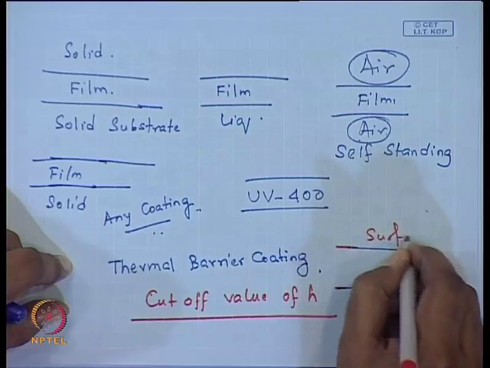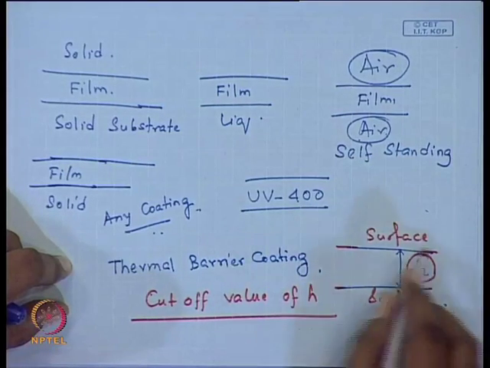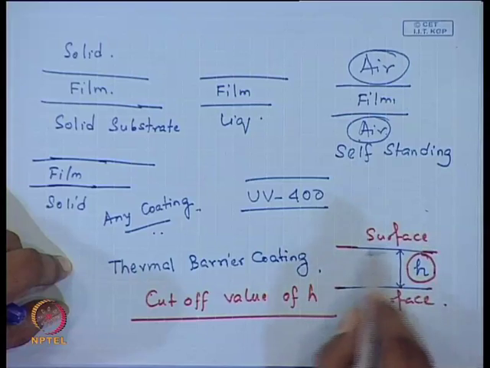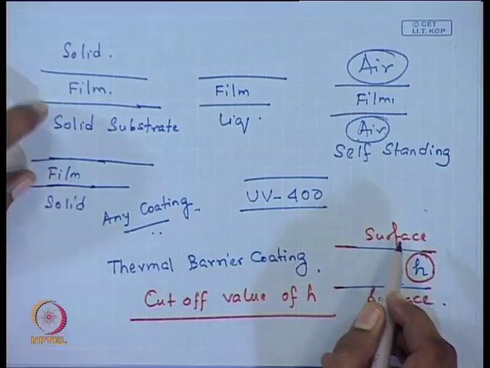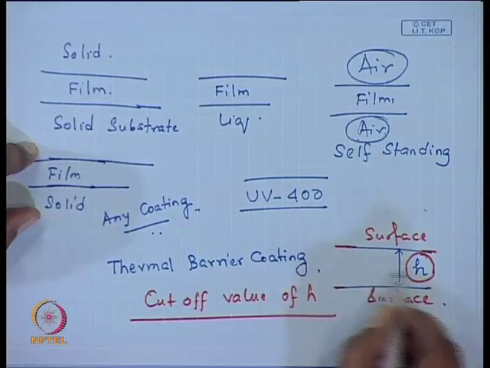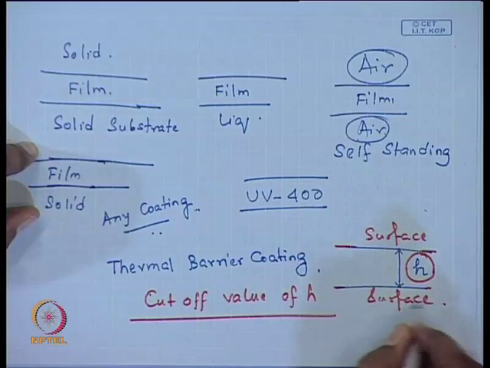So, here is a surface, here is also a surface. If the film is self standing, both the surfaces represent the liquid in contact with air. If the film is coated on a solid substrate, then it can be the liquid or the film material in contact with a solid surface.